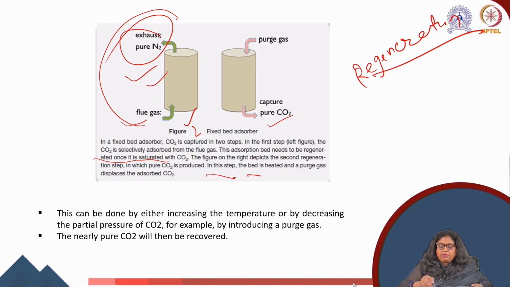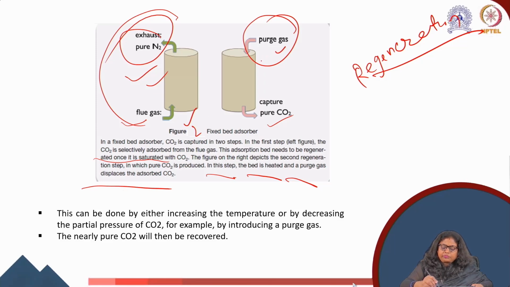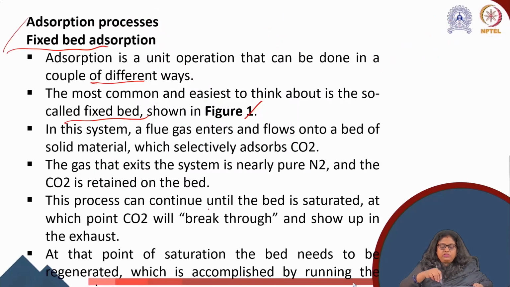In this step, the bed is heated and purge gas displaces the adsorbed CO2. The purge gas is sent from the top, and it is a hot gas, and due to this, the adsorbed CO2 is desorbed and we are able to capture the pure CO2. So this is the process.